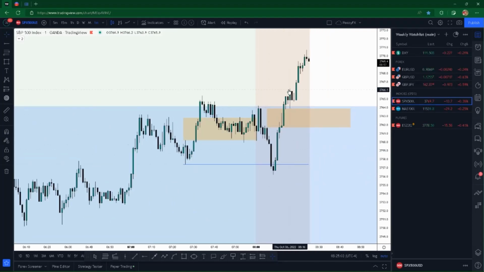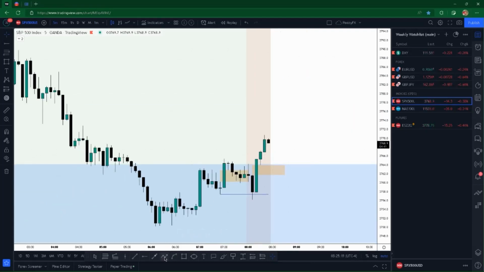Price goes outside of the hourly fair value gap, comes back into it there, and then breaks and runs, right? So I want to see that happen on the 5 minute, like what we saw on the 1 minute. Price breaks out of that 1 hour fair value gap and then comes back into it.